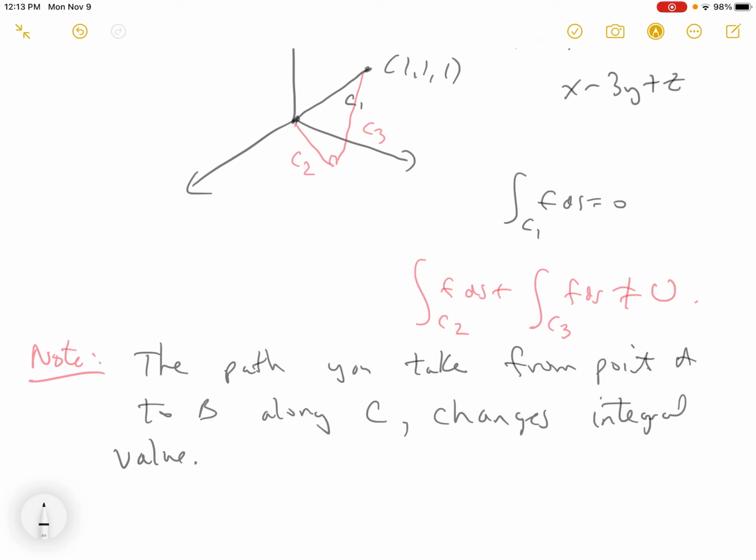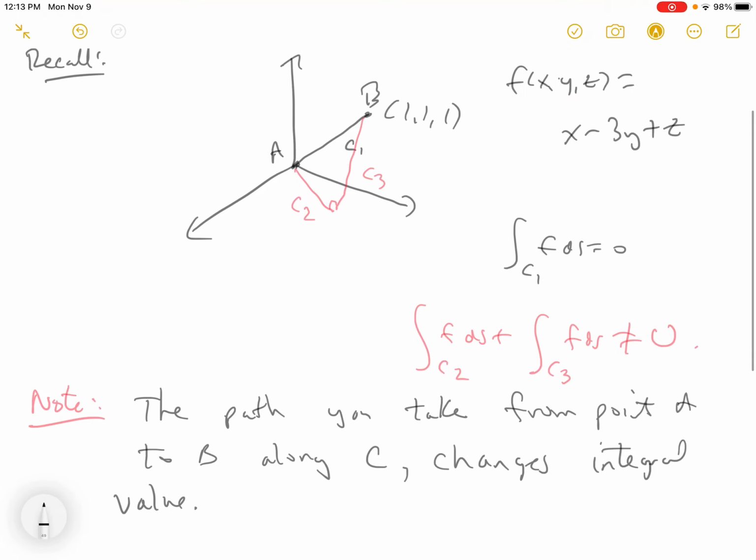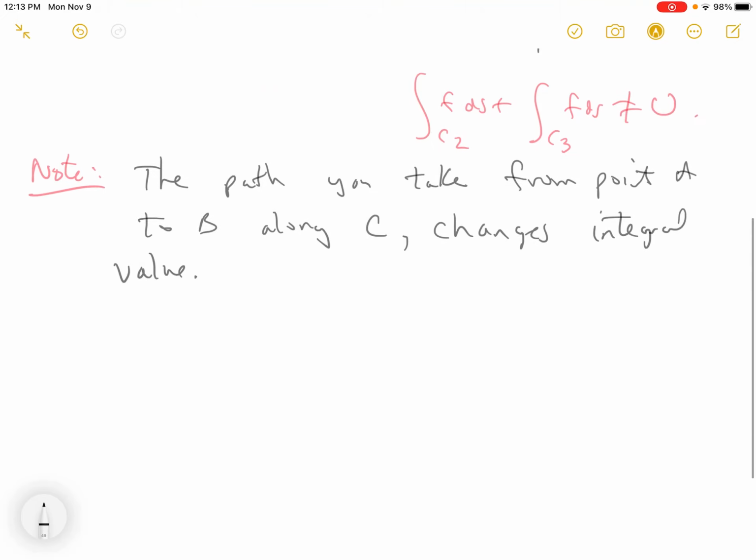And the question people had was, well, what if they were equal? In fact, what if any path gave you the same integral value? So it doesn't matter whether you took 5 steps or 2 steps or 1 step to get from point A to point B. What if all those gave you the same value? And this is called path independence.